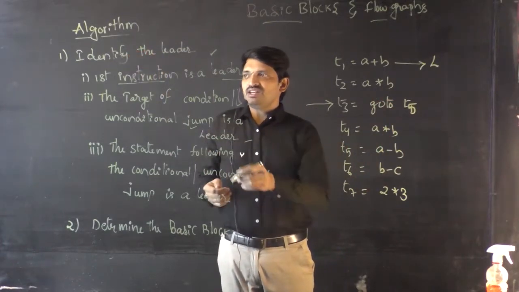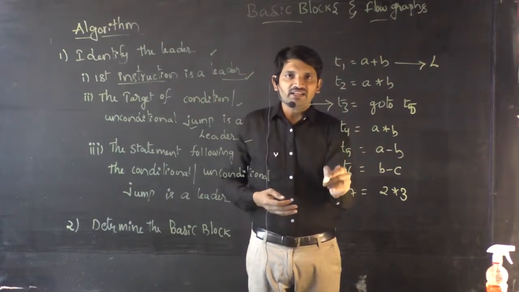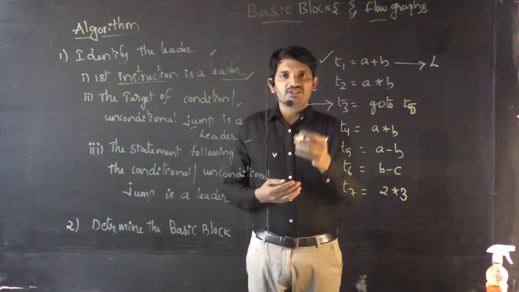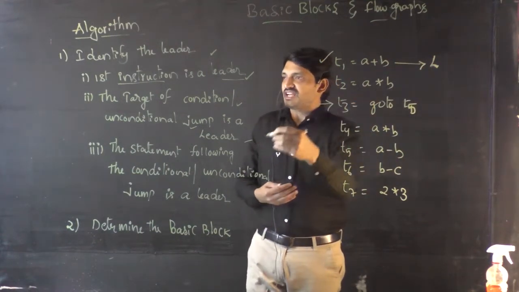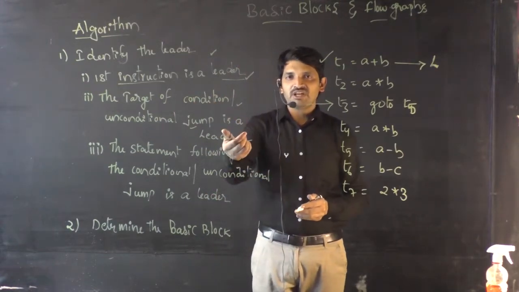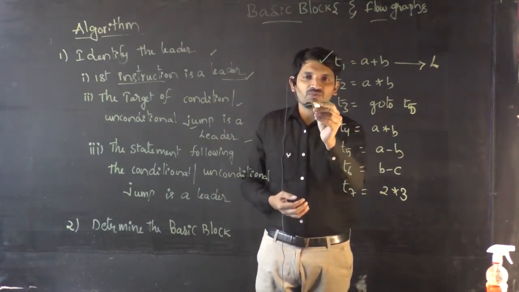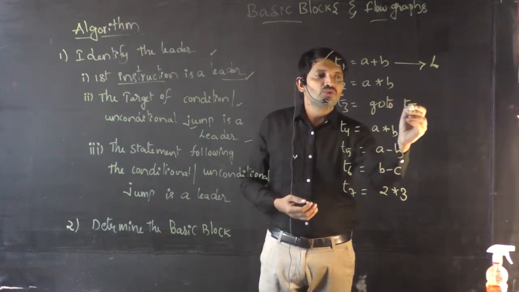Come to the first one. The first point is that the first instruction is a leader. In this entire code, this is my first instruction, so it is treated as a leader. Now come to the second point. The target of the conditional or unconditional jump statement is a leader. Here we can find an unconditional statement, go to T5.